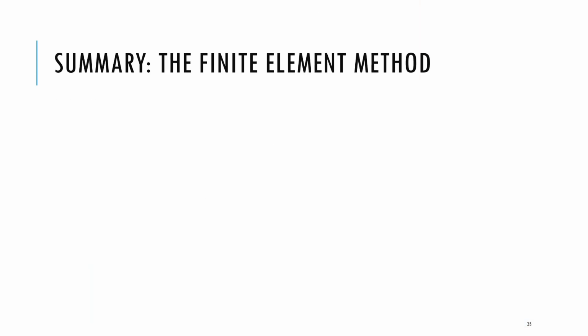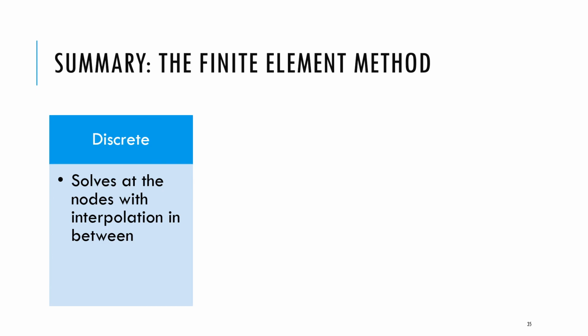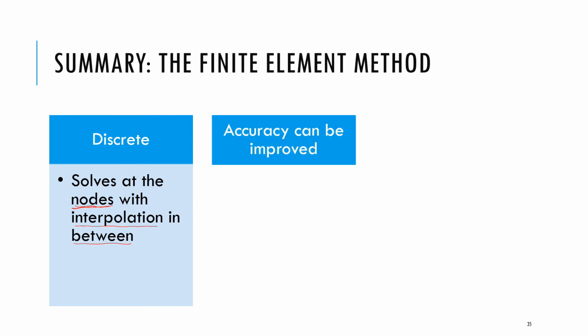There are some very important points worth noting about this method. First, it is discrete. It solves only at the nodes with interpolation in between. So it does not solve in the sense of an analytical solution. Also, this solution is an approximate solution.